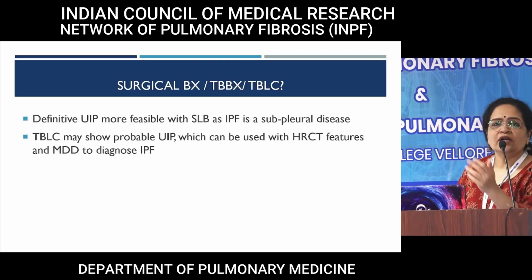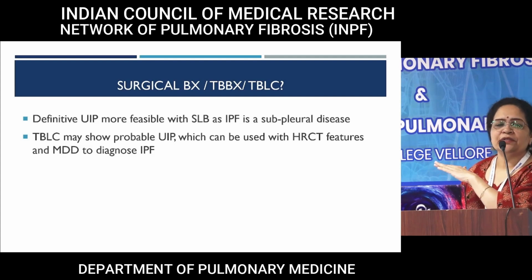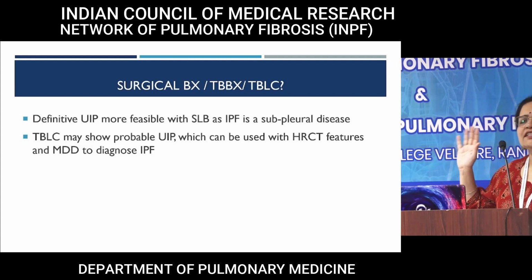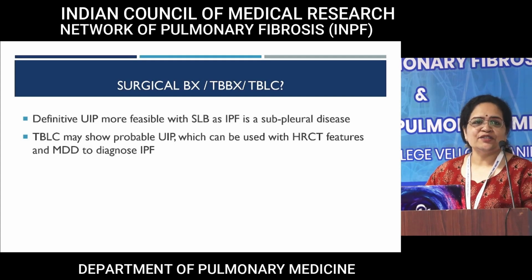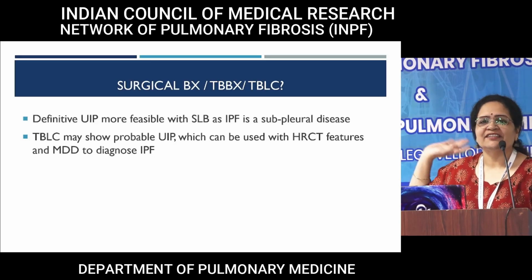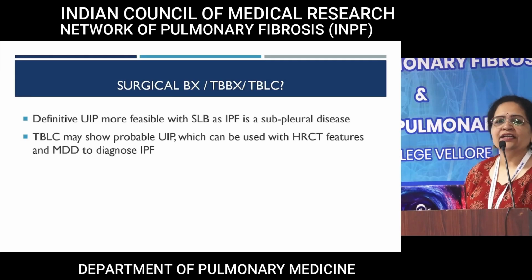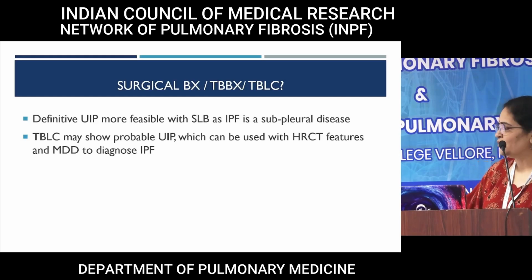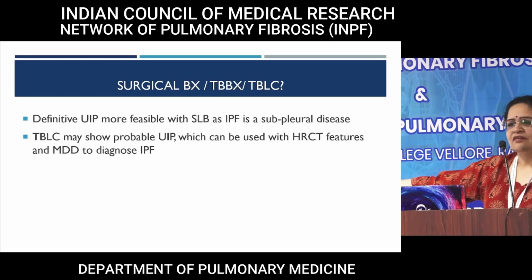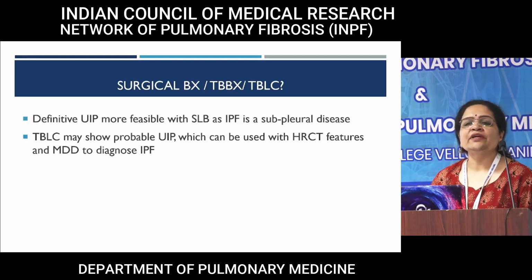So the reason I put this up is that what we show you are classical pictures. What hits you in the outpatient clinic are patients like this. That is why it is very important to have a dialogue with the radiologist, to go through the clinical history, and to keep revisiting your patient each time they come to you. So next steps, we have to toy between these things.